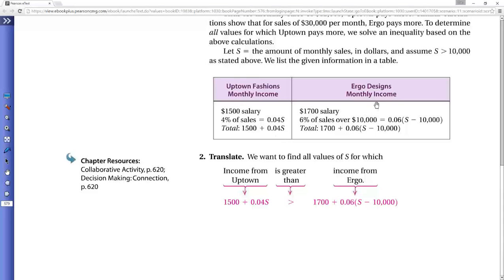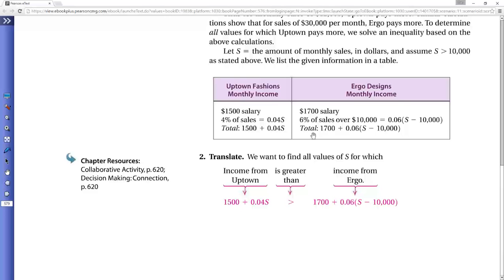Now Ergo Designs pays a $1,700 salary and 6% of sales over $10,000, which is 0.06 times the quantity S minus 10,000. To get the whole salary, you'd have that 1,700 plus this commission formula.